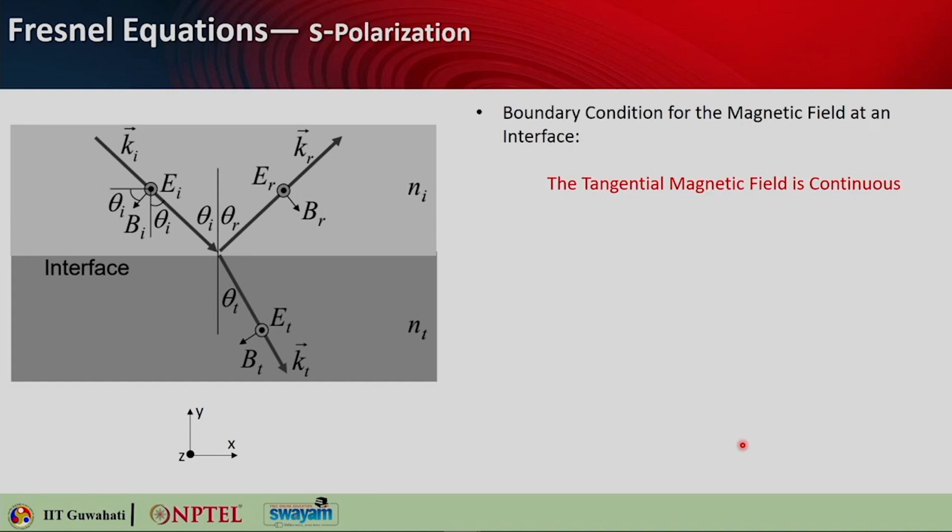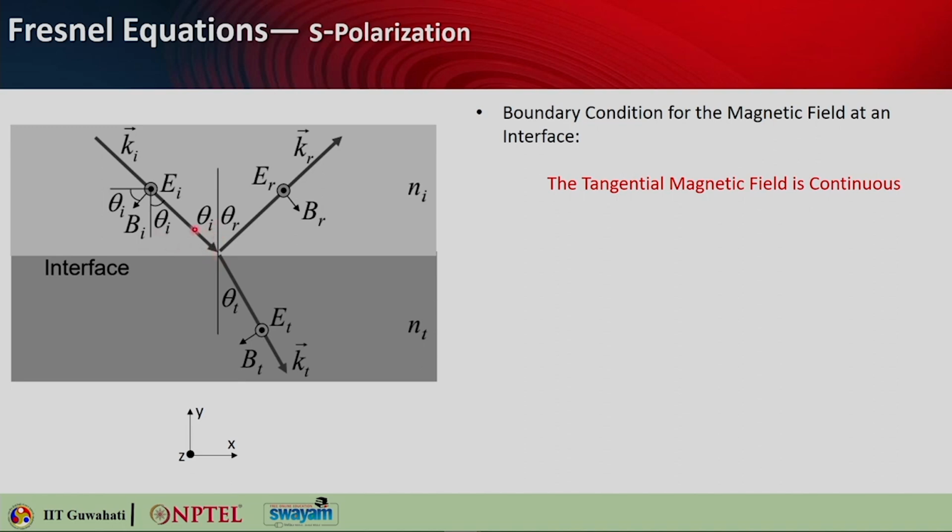Now, let us apply the boundary condition for magnetic field. So, we know that the tangential magnetic field should also be continuous. So, in that case we have to find out what is the tangential component of the magnetic field, because the magnetic field vector is making an angle with the interface, right.